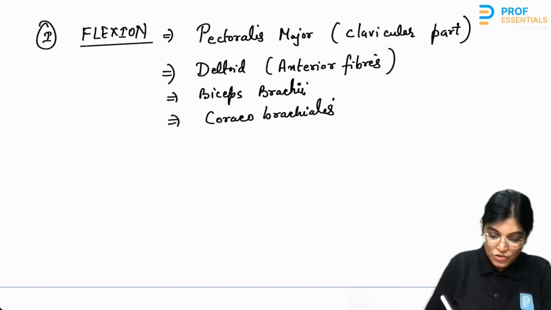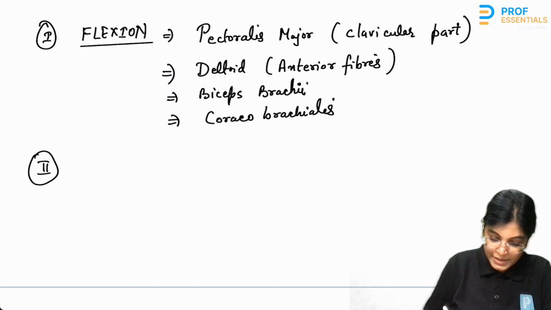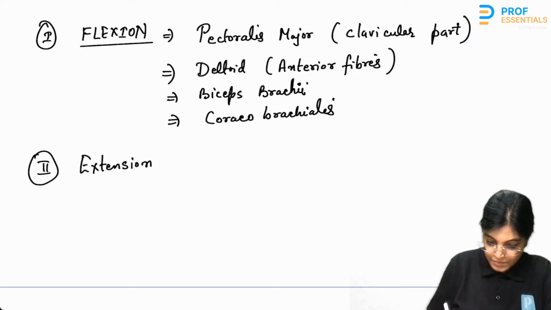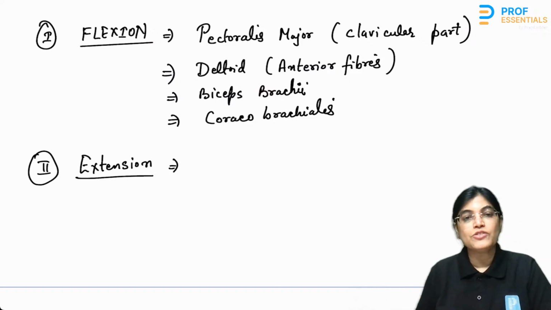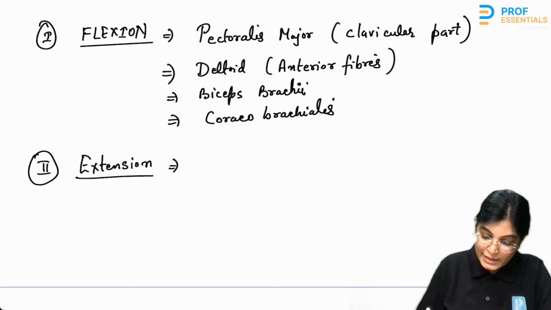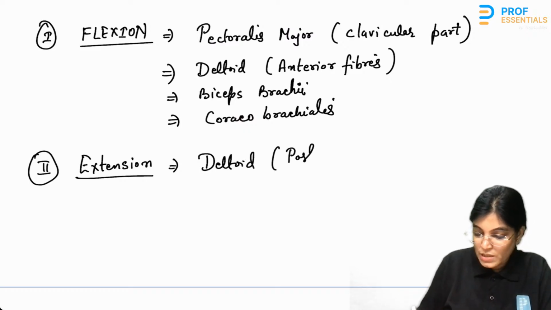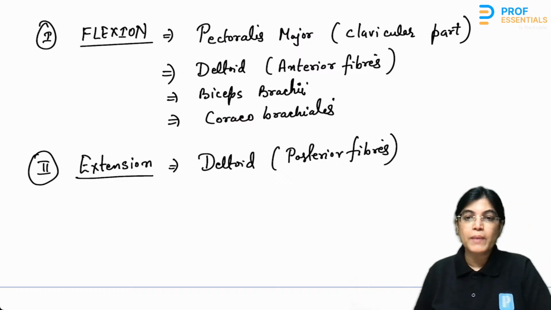Now coming to extension. The second movement is extension movement. It is primarily done by the deltoid muscle, posterior fibers. Whenever I use the words posterior fibers, it means the spinous part of the deltoid muscle.